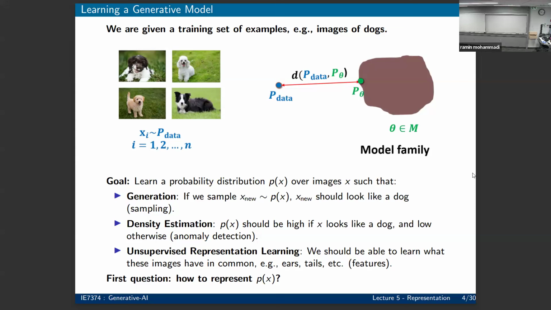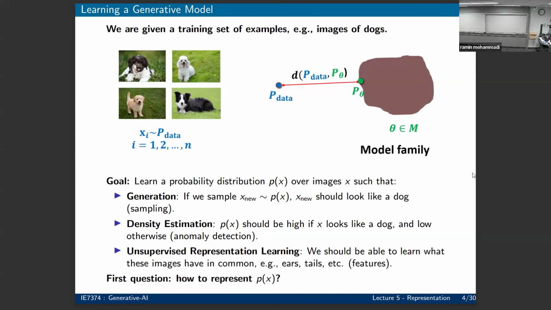P of data is kind of a constant: you sample from the data, and you don't have control over the data sample you have. We have control over these 2 pieces: the model we select, the P of theta model family, and the distance between.